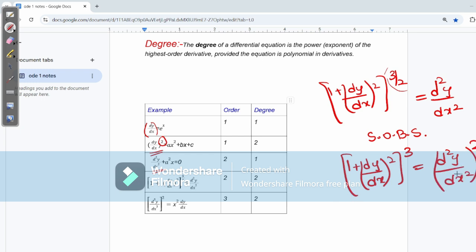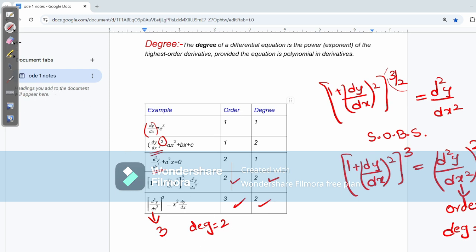Here the order is 2 and the degree is 2. Next, d cube y by dx cube: here the order is 3 and the power is 2, so the degree is 2. These are the examples.